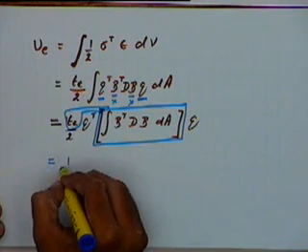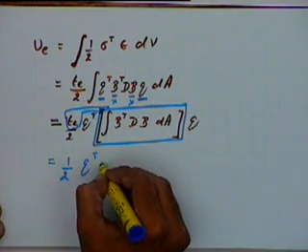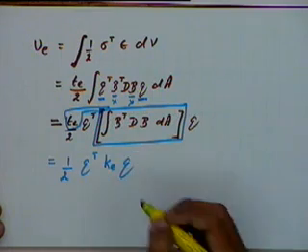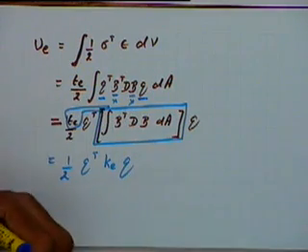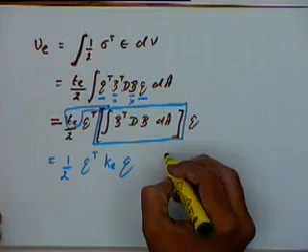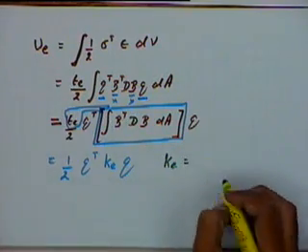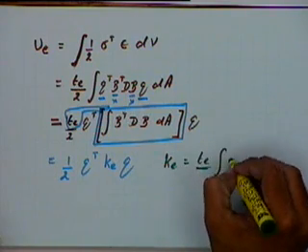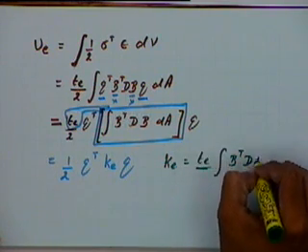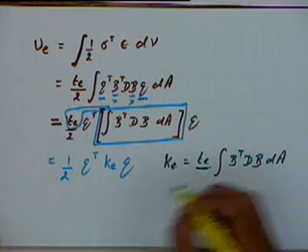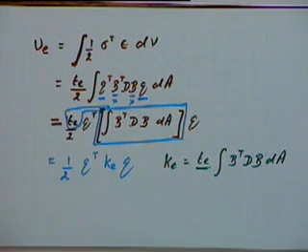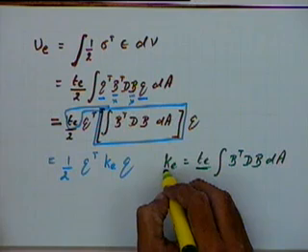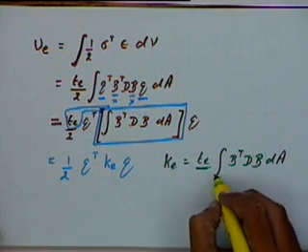So this will be equal to half of Q transpose KE multiplied by Q, where KE will be equal to TE into the integral of B transpose dB dA. And for finding out this stiffness matrix, one has to carry out this integral.